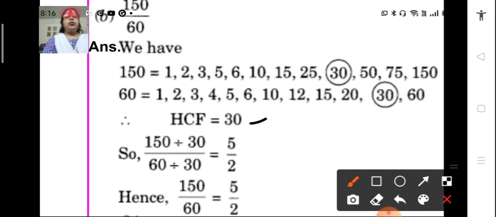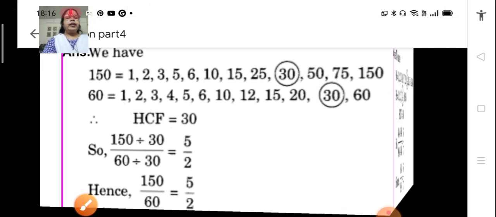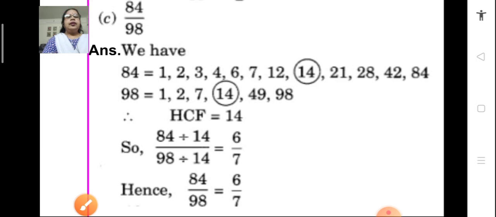So we divide both the numerator and the denominator by 30. When we divide 150 by 30, we get 5, and 60 divided by 30 we get 2. So what is the simplest form of the fraction 150 upon 60? It is 5 upon 2. This is the simplest form.